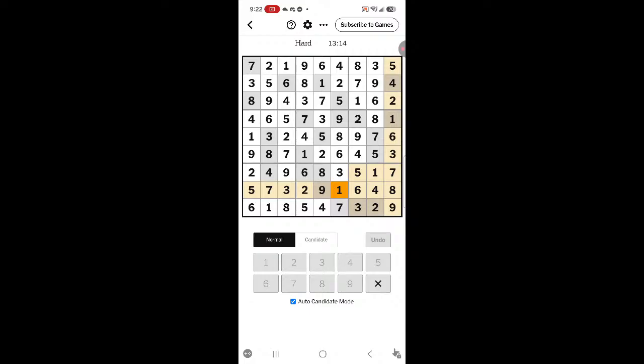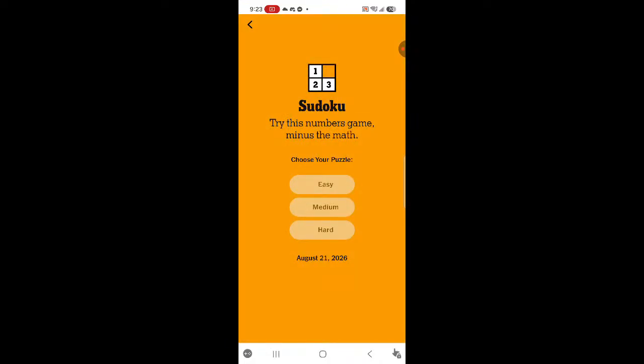I'm going to do it anyway, and it turns out to be correct. If I had to do it on paper, I would not have the confirmation system, so I wouldn't know if it's correct until after a bunch of things. And this is with auto candidate mode. I'd never play without auto candidate above easy because I'm a bitch.